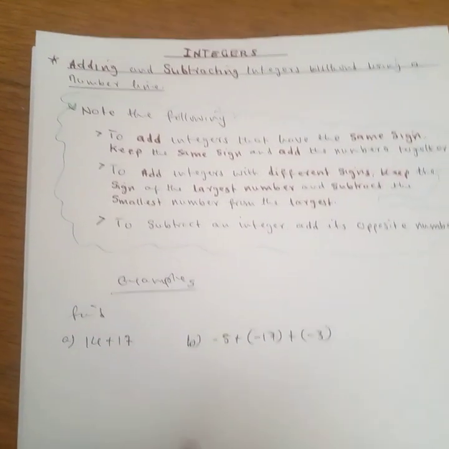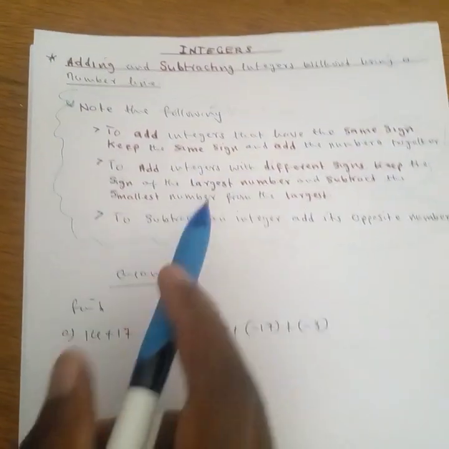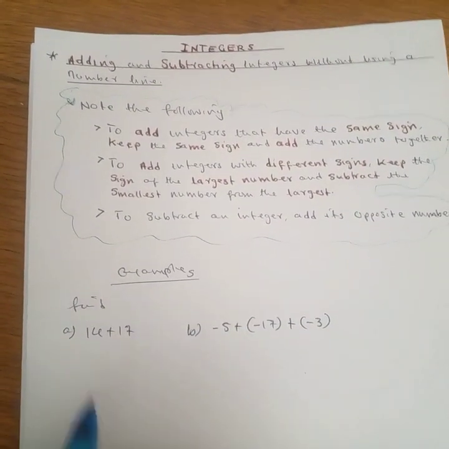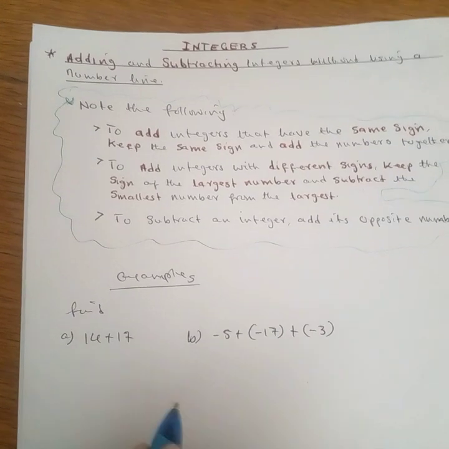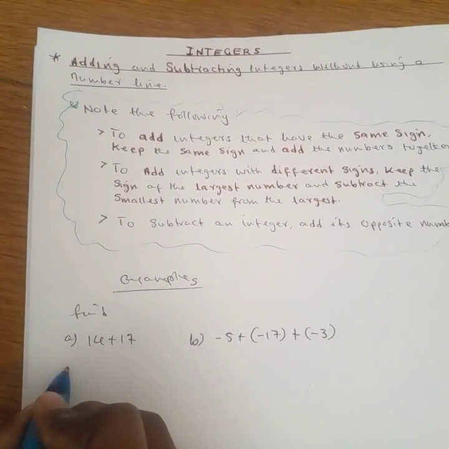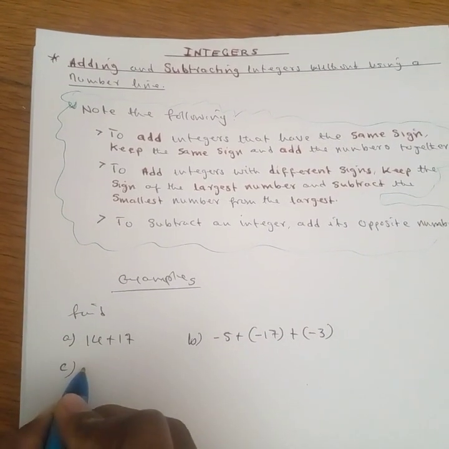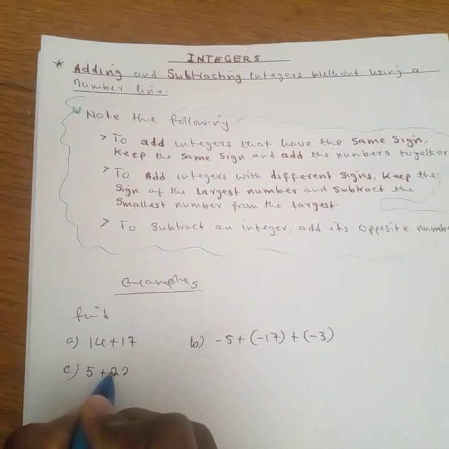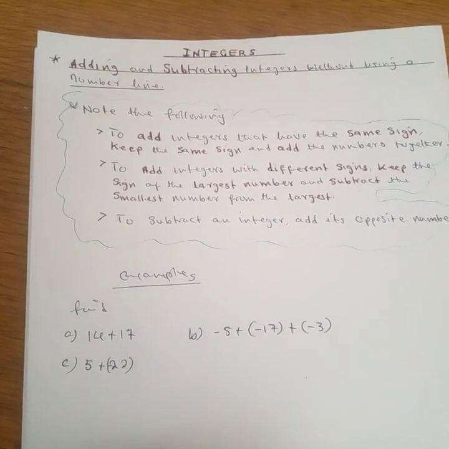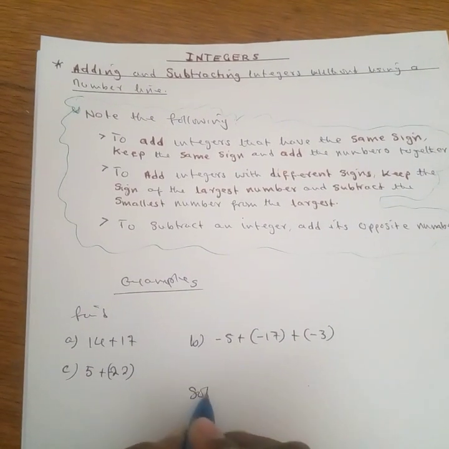How can we solve these two questions? By using the two concepts on top. Let's add another one so that it can show a bit of difference. Let's say C, 5 plus negative 22. Solutions.